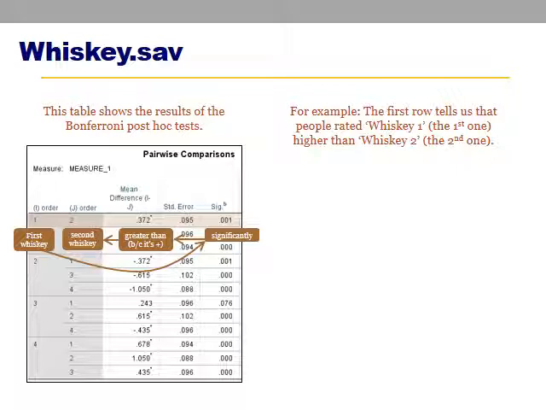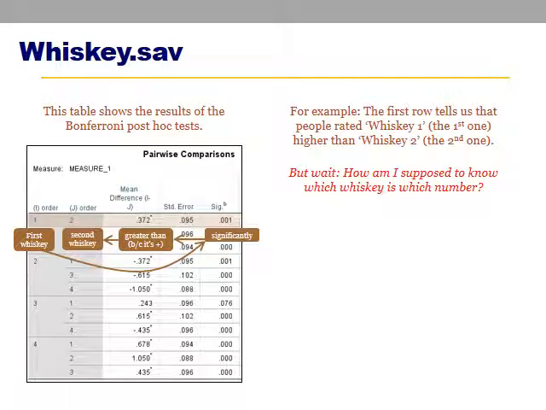The p-value of 0.001 tells us that there is a significant difference here. And the fact that the mean difference is positive, in this case positive 0.372, tells us that on average, people rated the first whiskey as tasting significantly better than whichever whiskey they drank second.